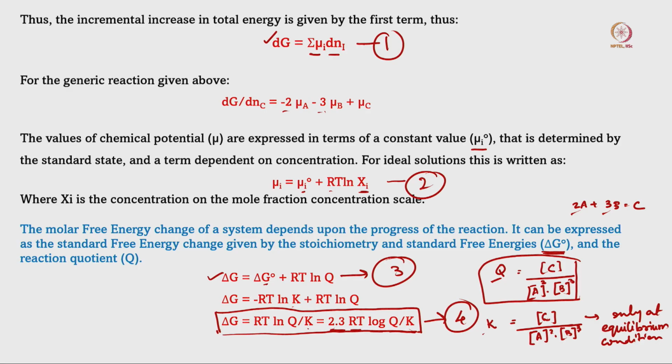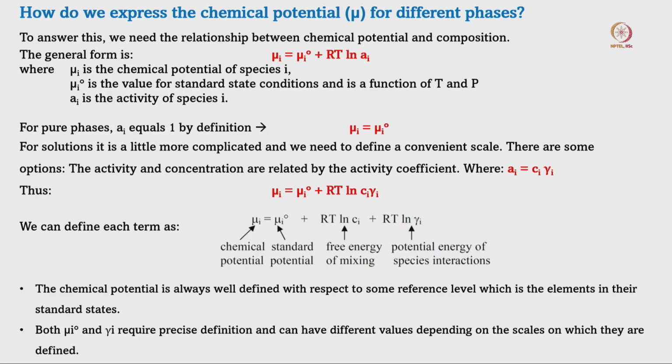So this is a particular molar concentration. But when we are talking about solutions and dissolution equations, we are going to use another term called A, the activity of a particular phase. It is not only concentration, but now we are going to talk in terms of activity.